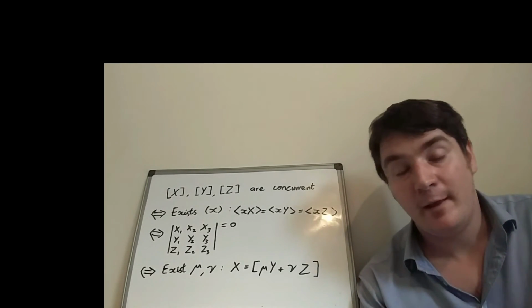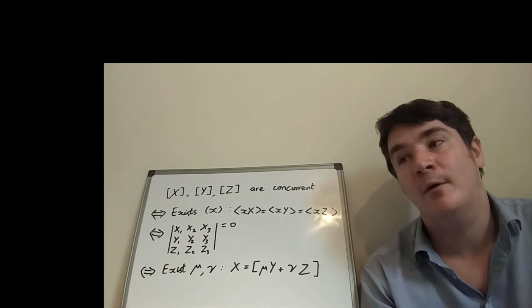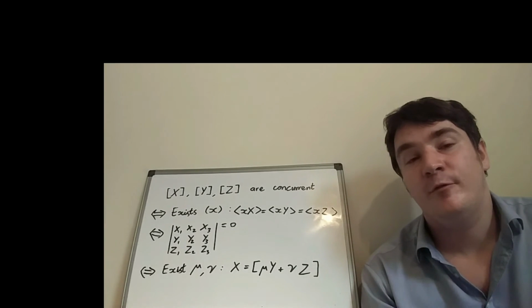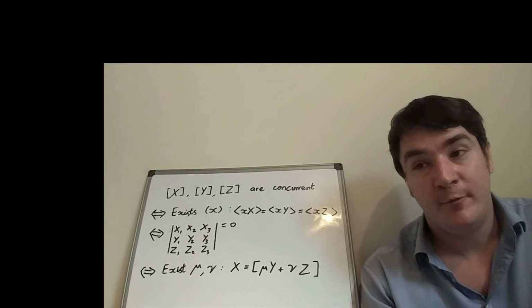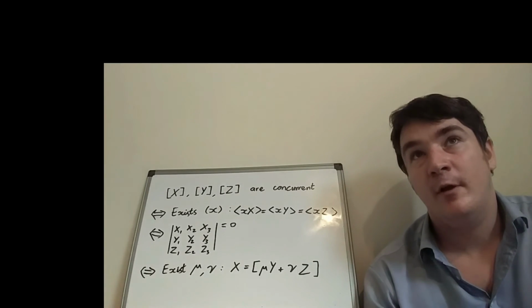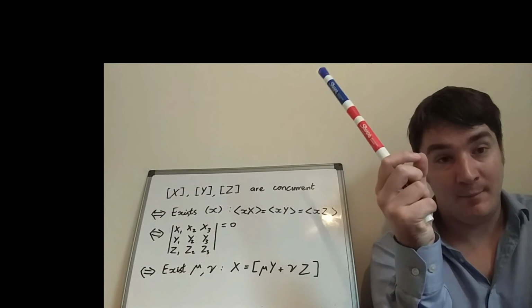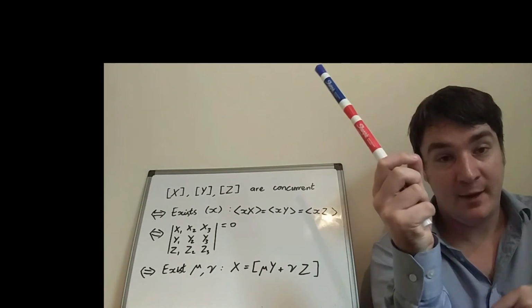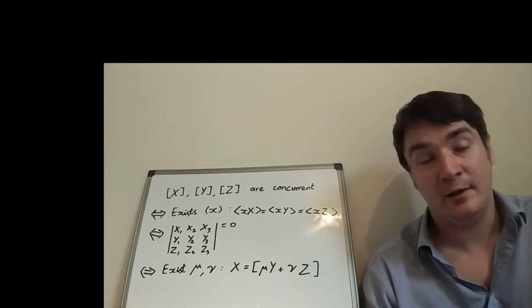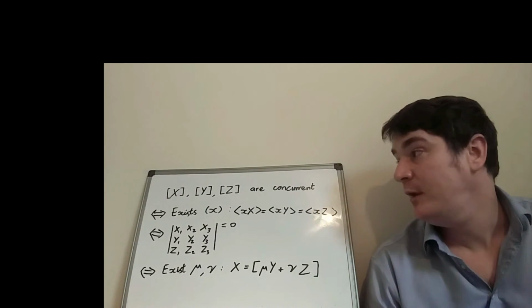Okay, so now we have the fairly easy job of just dualising everything that we've just talked about in terms of lines instead of points. So the dual of 3 points being collinear, 3 points lying upon the same line, is that 3 lines would be concurrent, meaning that they all pass through the same point.